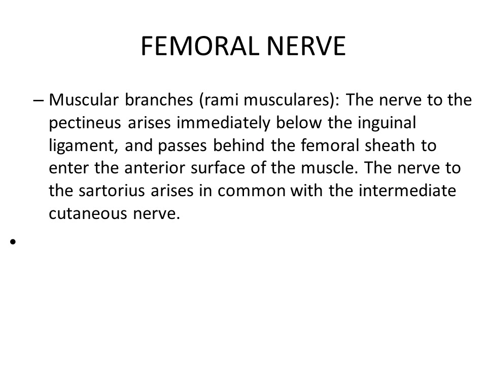Now the muscular branches, also known as the rami muscularis, give rise to several branches. The nerve to the pectineus muscle arises immediately below the inguinal ligament and passes behind the femoral sheath to enter the anterior surface of the pectineus muscle. Then the nerve to the sartorius arises in common with the intermediate cutaneous nerve.